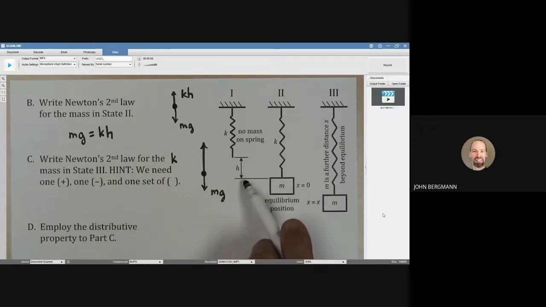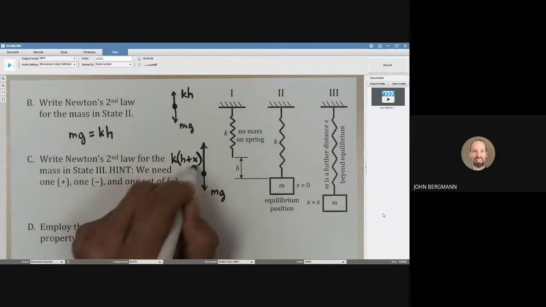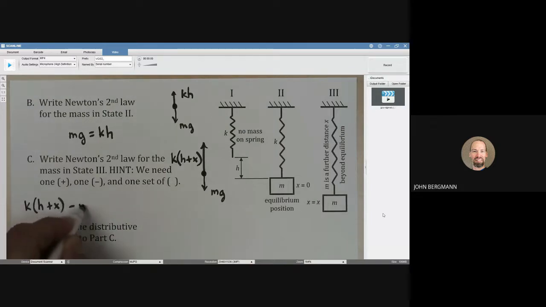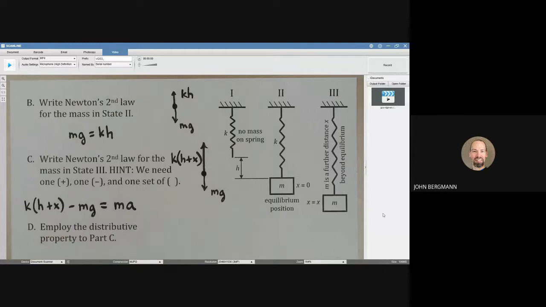It's stretched h plus x, like that. So what would Newton's second law look like? It would look like k times the quantity h plus x minus mg, because they point in opposite directions, and that should equal the mass of this object times its acceleration.